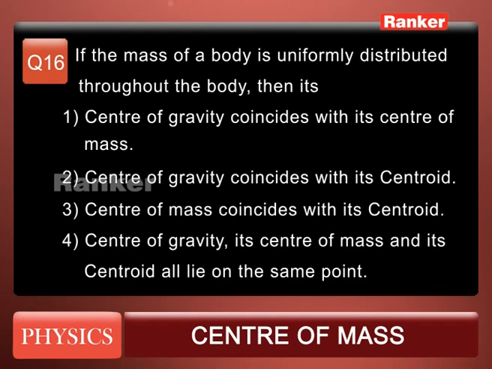Now question number 16. In question number 16, if the mass of a body is uniformly distributed throughout the body, then its first option, center of gravity coincides with its center of mass. Second option, center of gravity coincides with its centroid. Third option, center of mass coincides with its centroid.